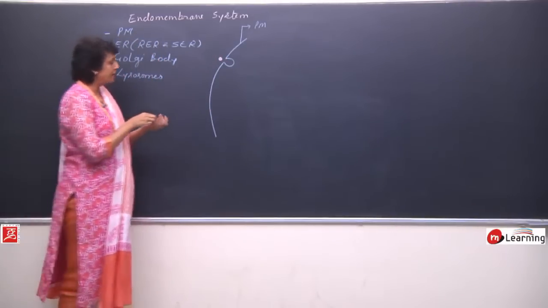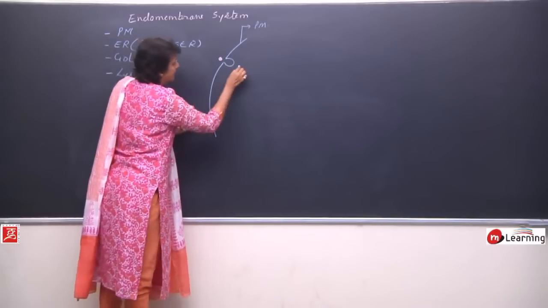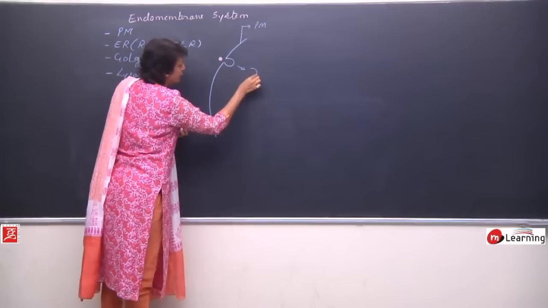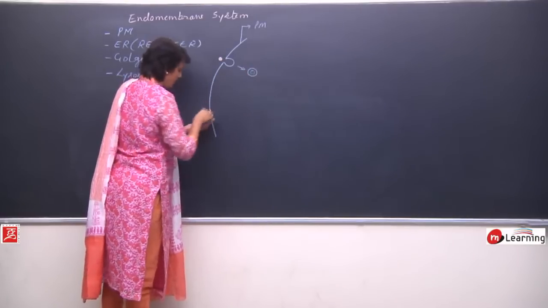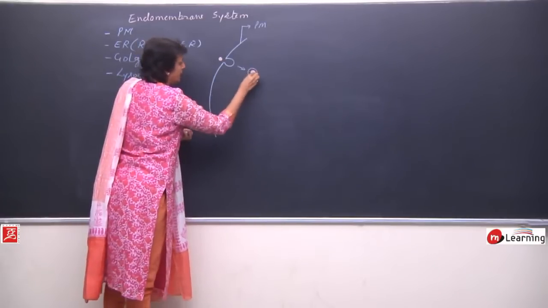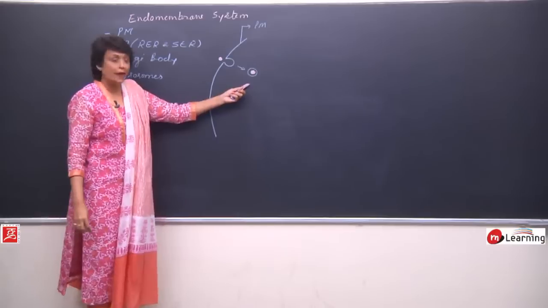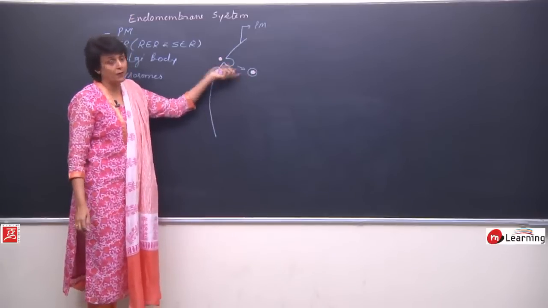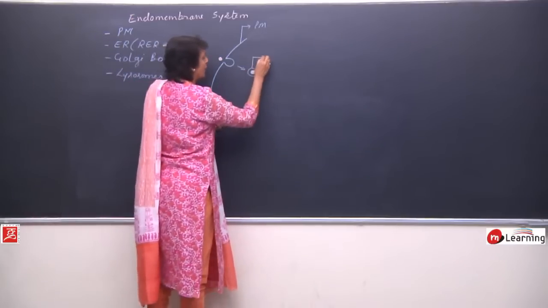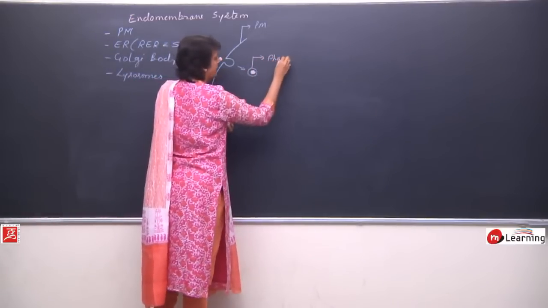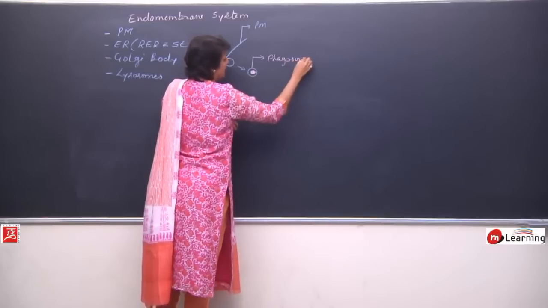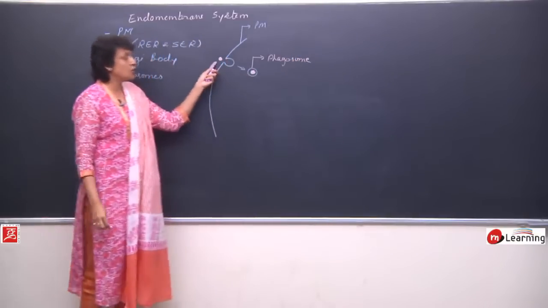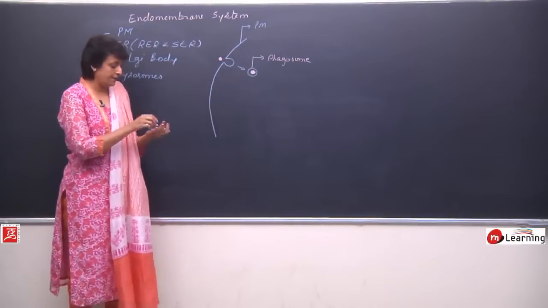When the food particle moves in, this cup-like structure will change into a food vacuole. So this is a food vacuole. Now depending upon solid or liquid, you can call it phagosome or pinosome. So right now we are just calling it phagosome, assuming that it has the solid food inside it.